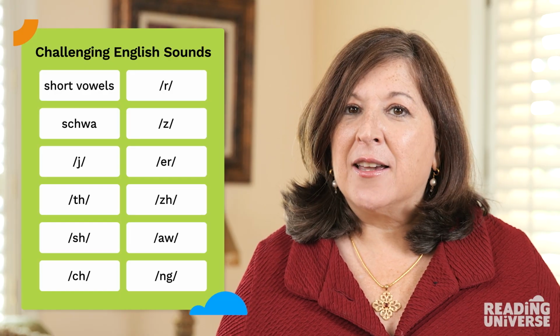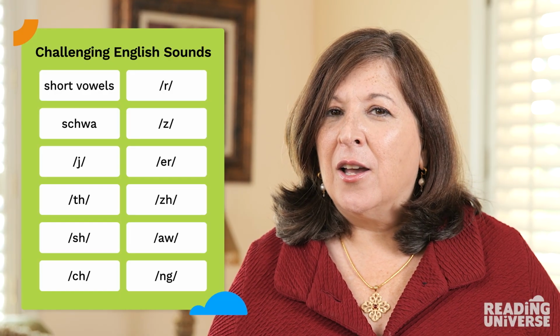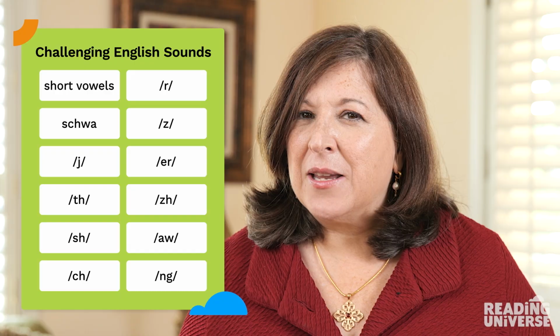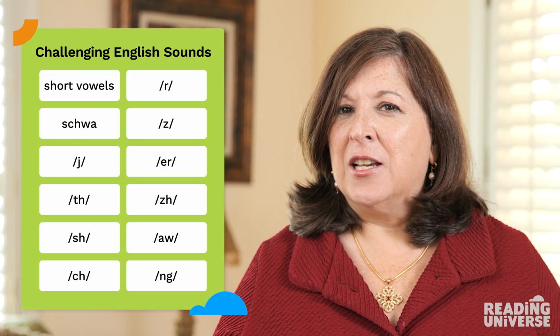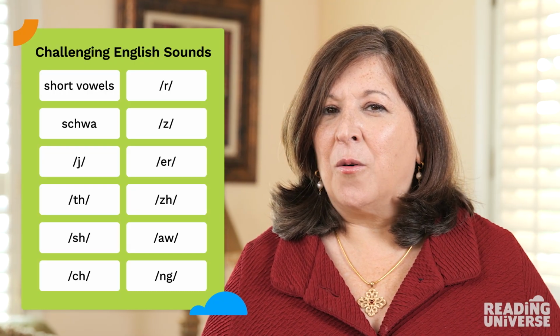But we can make connections with, okay, are there any approximations that we can make from their home language to English? Is there anything that's almost the same? And I even think about my dad, having trouble with sounds like ch and sh. Those were challenging sounds.